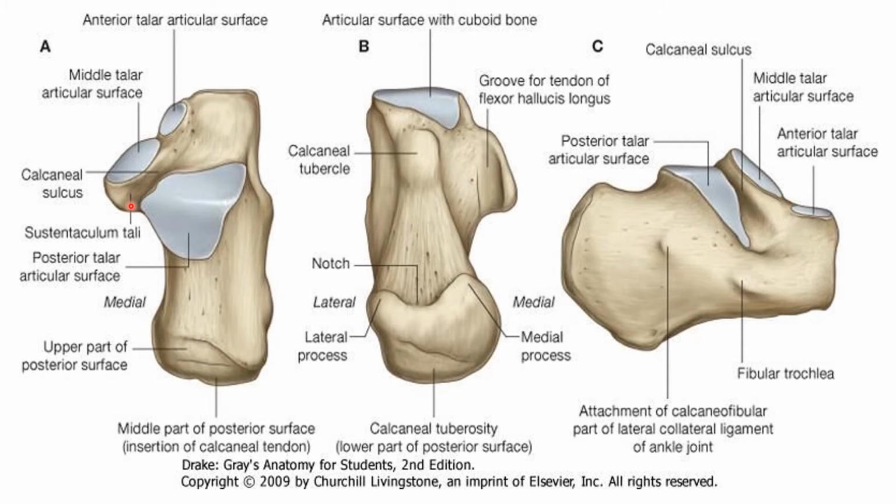The inferior aspect of the sustentaculum tali is marked by a groove. So remember that the medial surface has a projection known as the sustentaculum tali, whereas the lateral surface has an elevation known as the fibular or peroneal trochlea.